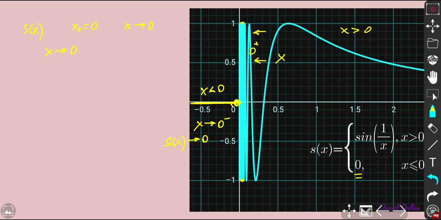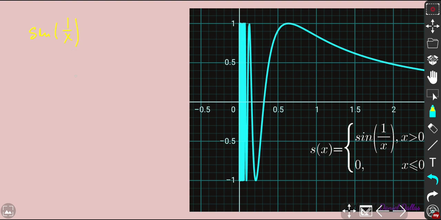Maybe it's better if you compare this behavior of this oscillating function with a function that does have limits. For example, if you take sine of 1 over x when x is very close to infinity, and you just take discrete numbers for x, let's say quite big numbers. What will happen? Let's take 10 to the power of 10, or 10 to the power of 100.